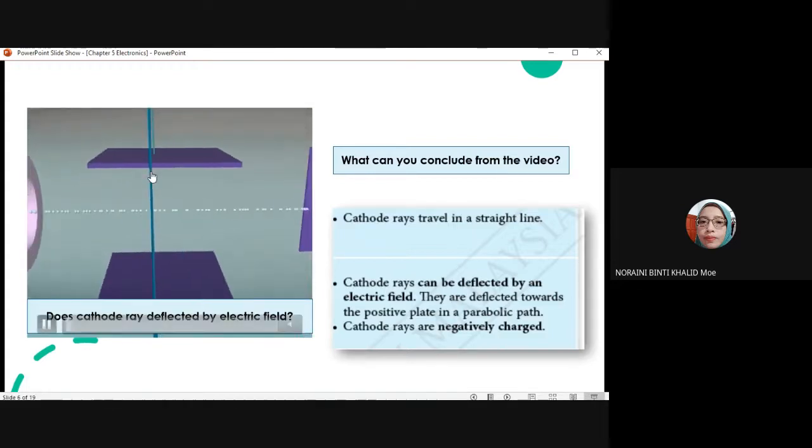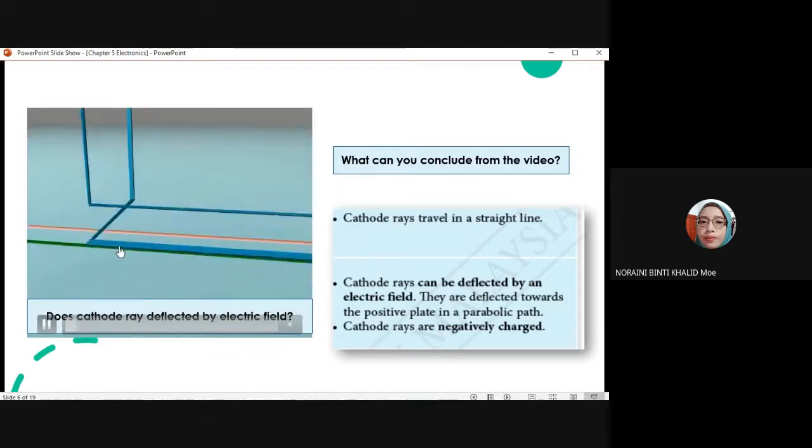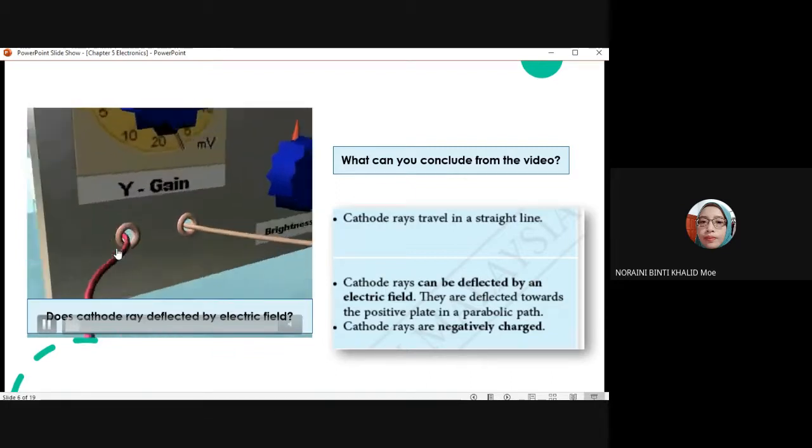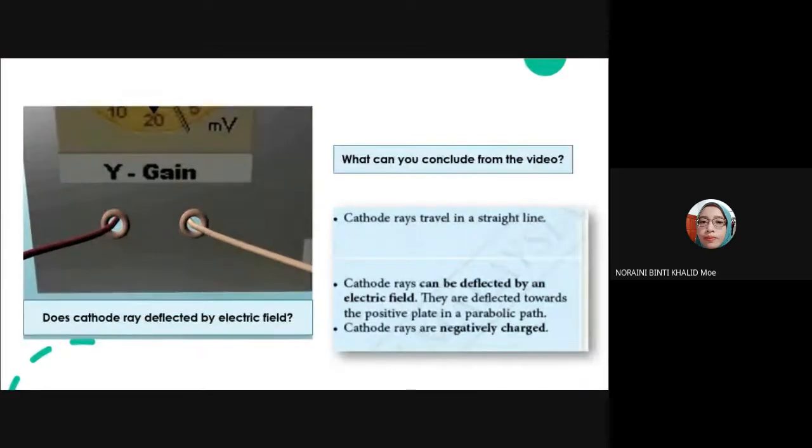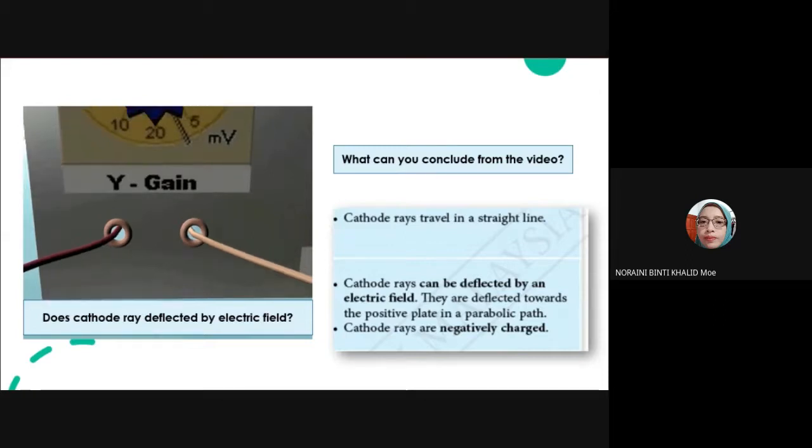If there is no potential difference across the top and bottom plates, the cathode ray will travel in a straight line. The plate is connected to the Y gain, where we can input any voltage.